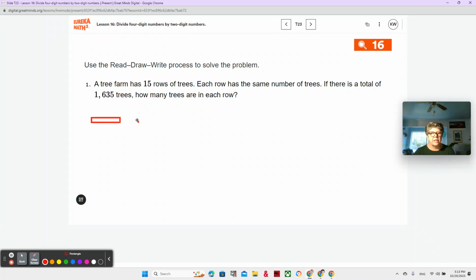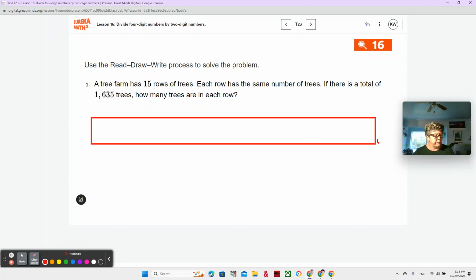So let's draw a tape diagram and pick up our pen. We have a total. I'm just going to do that so I don't have to rewrite 1,635. That's how many trees we have.